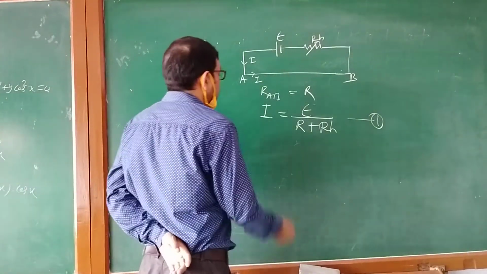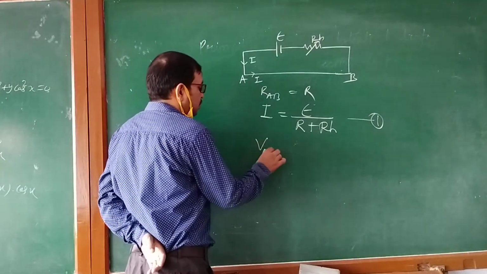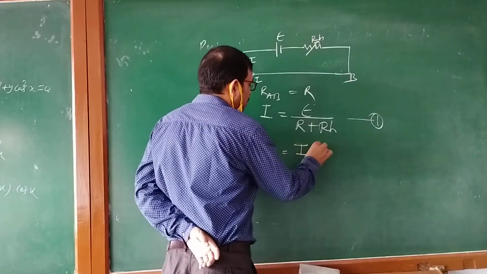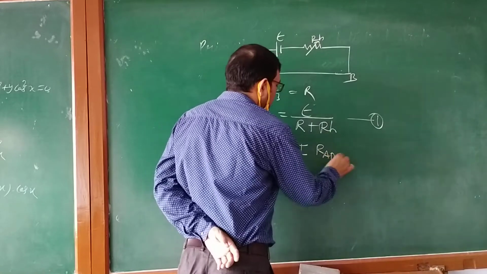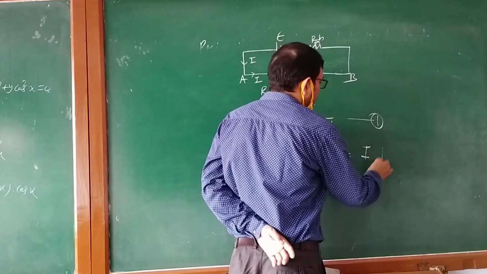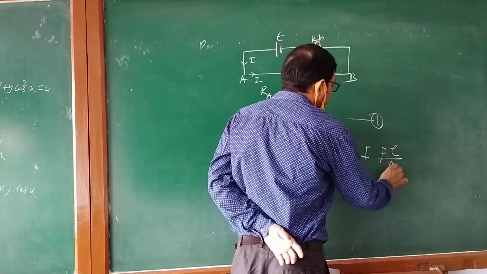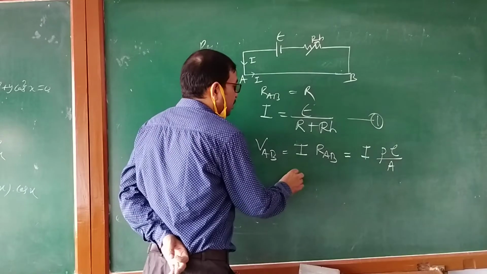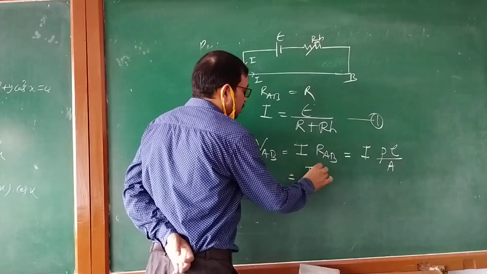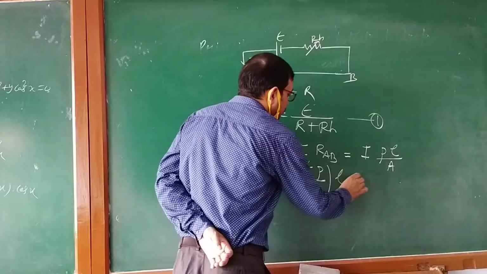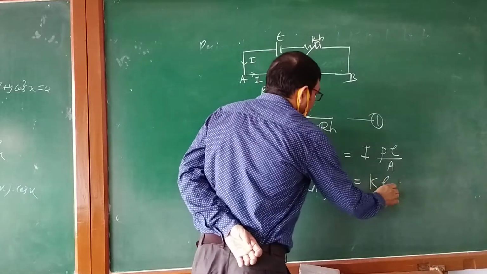Now we have just derived that V is equal to I R_AB. So we have written that R is equal to rho L by A. Now you can see that this three-way constant is known as K. Clear?